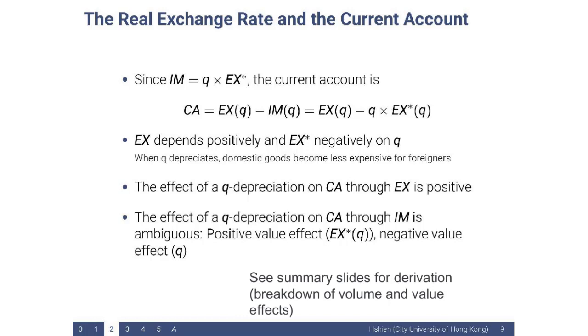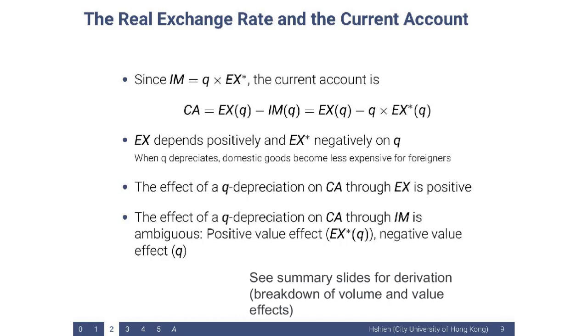And so Q's impact on CA, at least through EX and EX star, is going to be positive. Another way of saying this is Q depreciation, because Q goes up. Q depreciation on the current account through EX and EX star is positive.